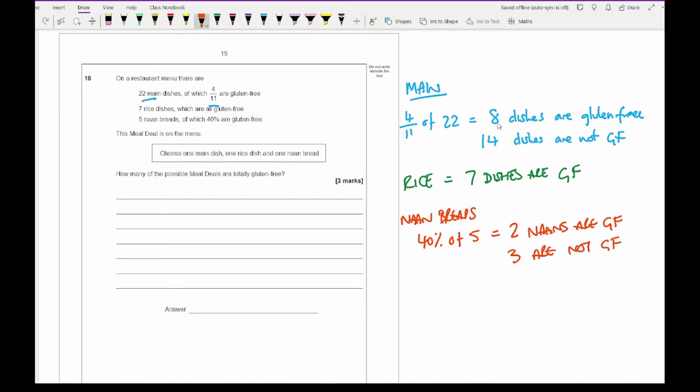Now, what we need to do is first of all work out the number of possible gluten-free meal deals that we could have. So for this, we've got 8 multiplied by 7 multiplied by 2. All you do is just multiply the options together, in which here we've got 56 times 2.